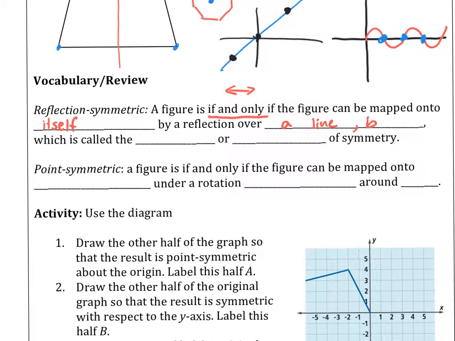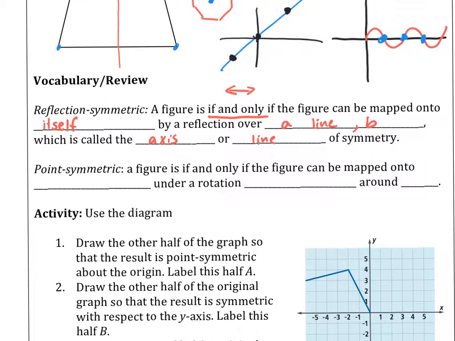For now, we'll just call it line B, but it can be any line name. And this line is called the axis or line of symmetry.